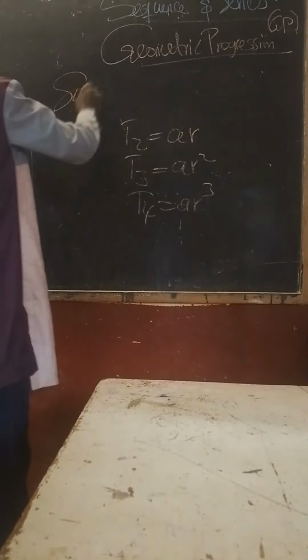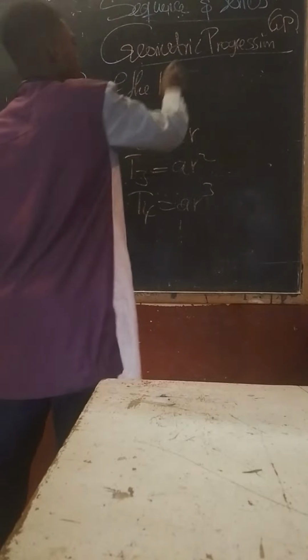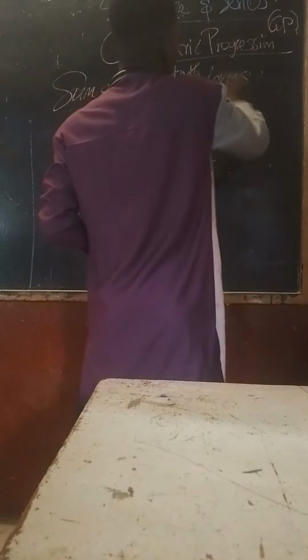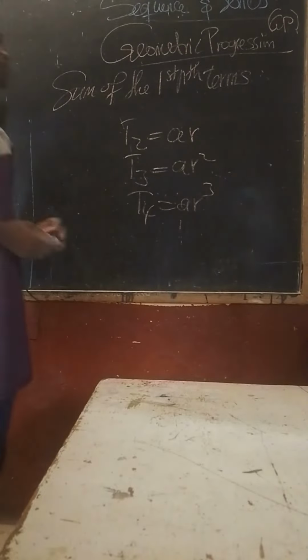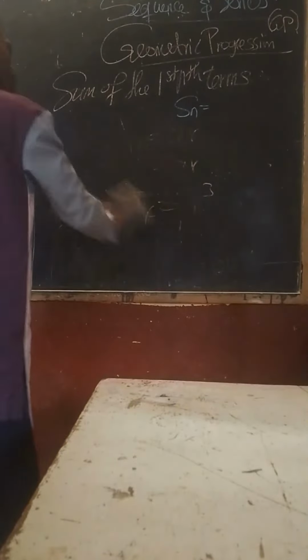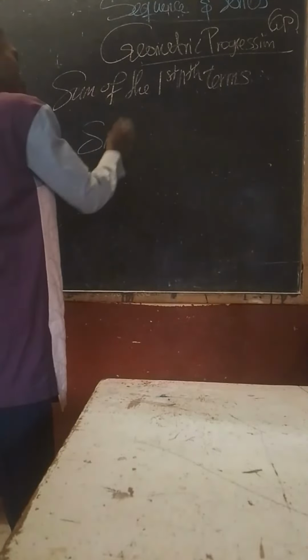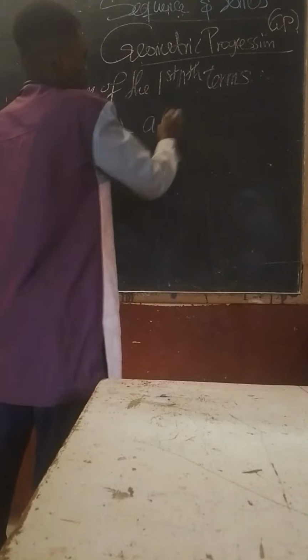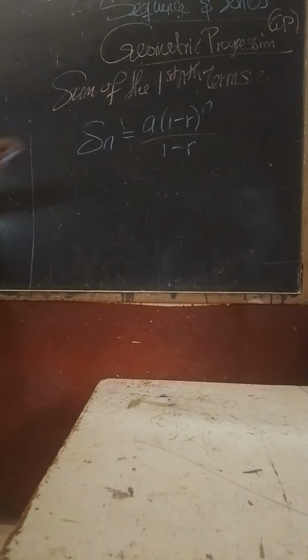The next is the sum of the first n terms, and finally, sum to infinity. Sum of the first n terms, Sn, is equal to a(1 minus r^n) over 1 minus r.